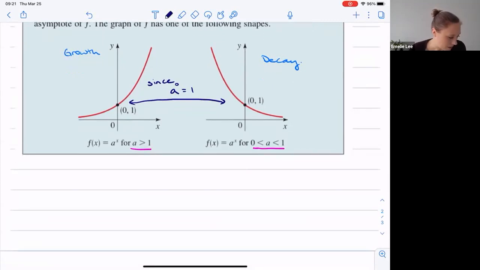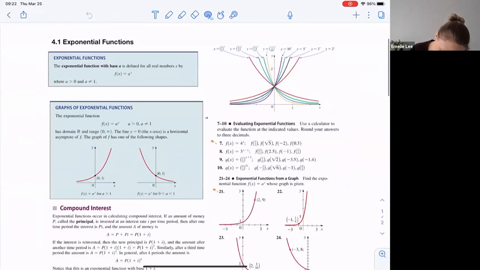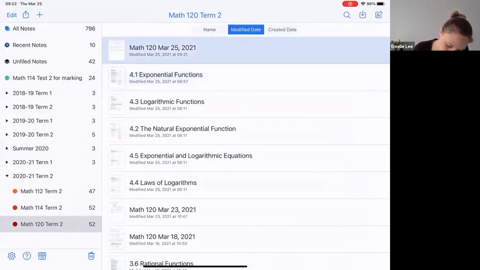Okay. So of course, we need to be able to use our calculator to calculate these things. And it's just going to be an exercise of learning how our calculator does exponential functions. So let's just do a quick example here.